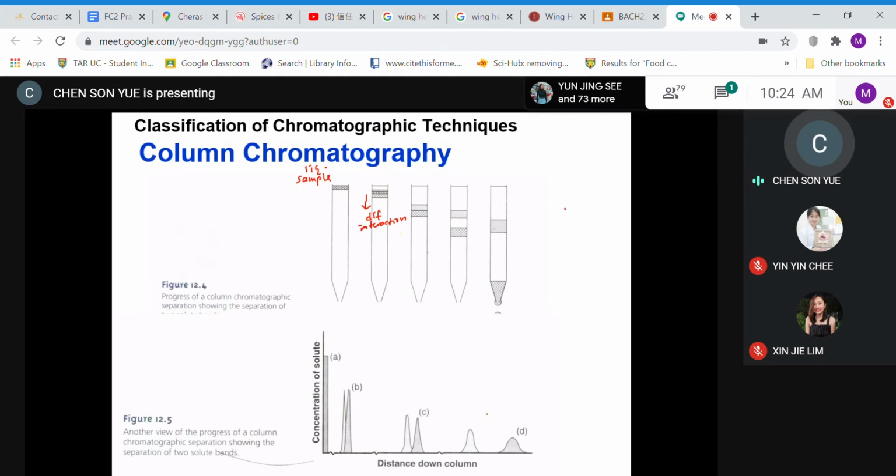There's an important concept here. Those that come out faster, it means what? There's less interaction with the stationary phase. Those that come out slower, of course, have more interaction with the stationary phase.